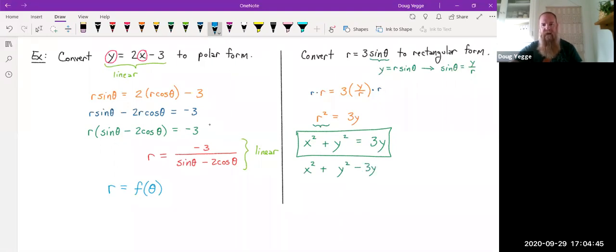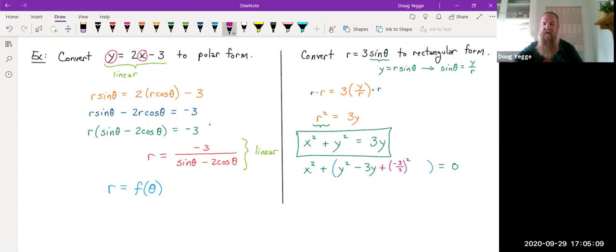And so if I take that and I just keep those in parentheses, that's going to be equal to 0. So this is just another form to rewrite this circle so that we can see what the center and the radius are. And this is where we now add half of -3 squared.